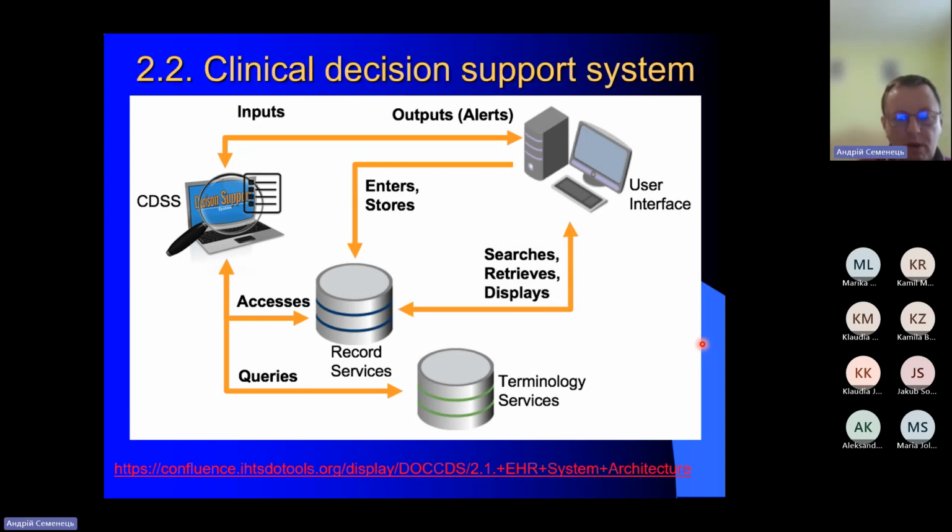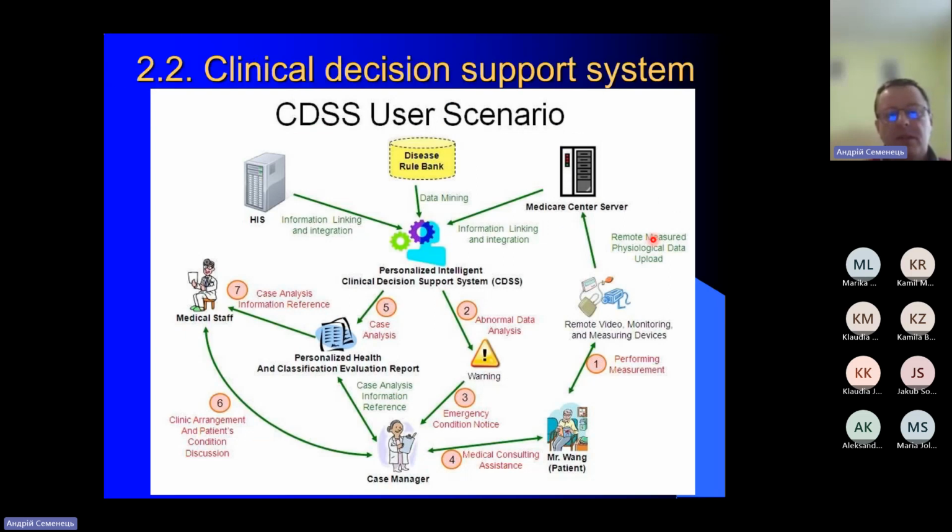The workflow I've already shown earlier. Right now it's just another representation of how CDSS could access various information like patient data or some medical knowledge, and based on this deal with the user who is designated to make the decision.